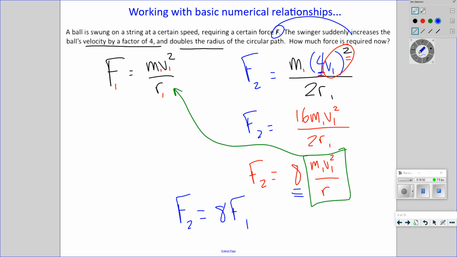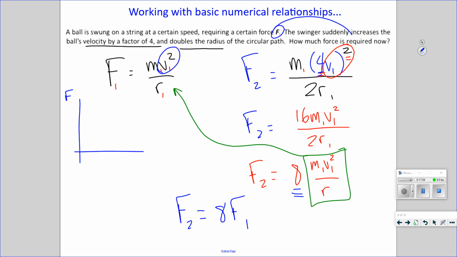Fair enough? It's okay? What you should be able to recognize is, if you change v by some factor, then F changes by the square of that factor. F is proportional to v squared. That's a quadratic graph.